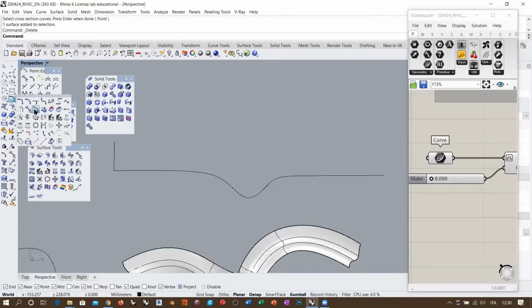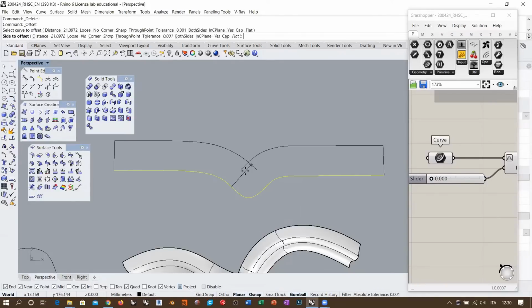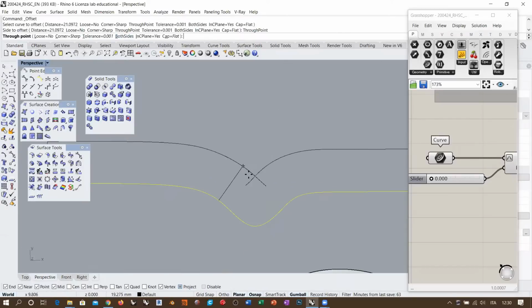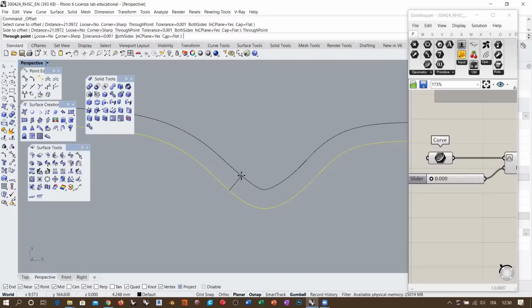If I try to perform an offset curve of this thing here, let's make the through points option. You see that the offset produces a smooth curve until a certain distance. From this certain distance on, you get this kind of intersection, right?